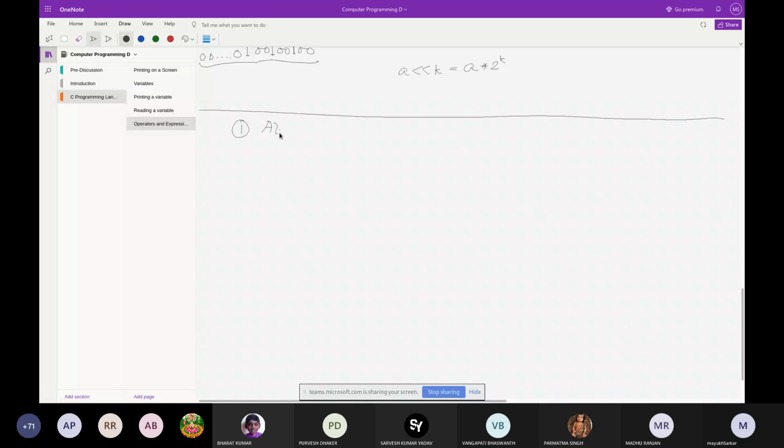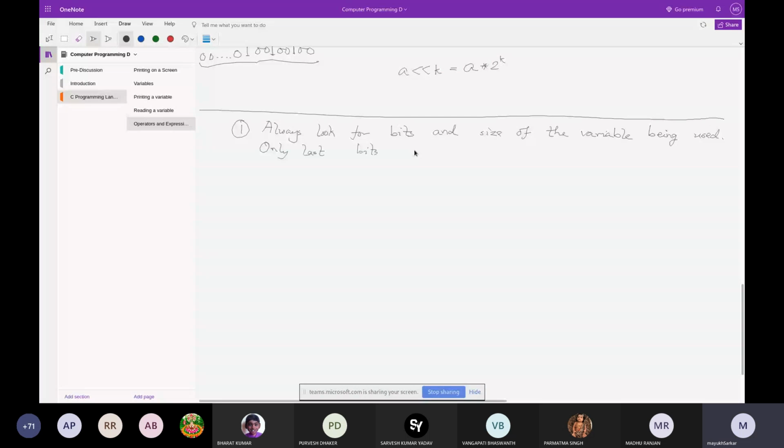Always look for bits and size of the data type, or size of the variable being used to hold it. Okay, only last bits will remain. This is a very important point.